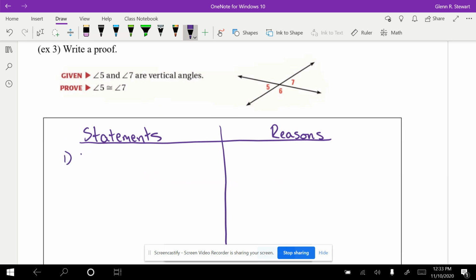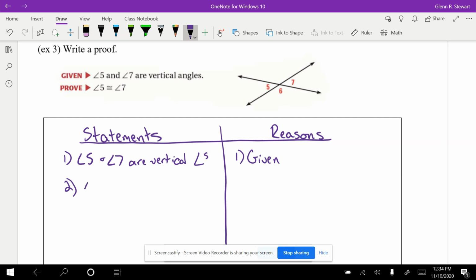Statement 1 is always the given. Angle 5 and angle 7 are vertical angles. If we are using the linear pair postulate, that means that we have to define a linear pair somewhere within here.